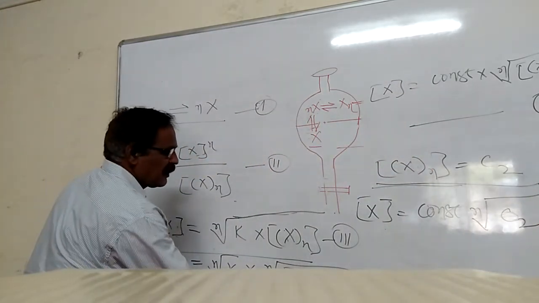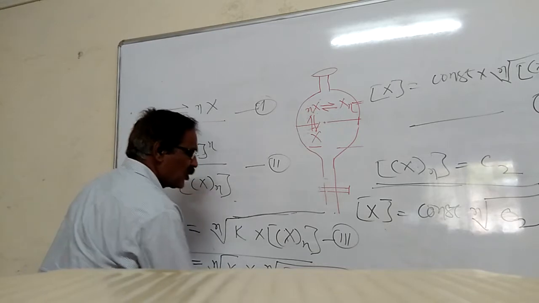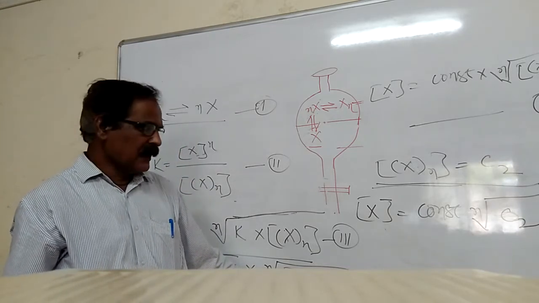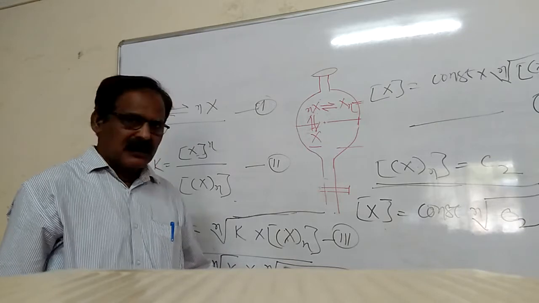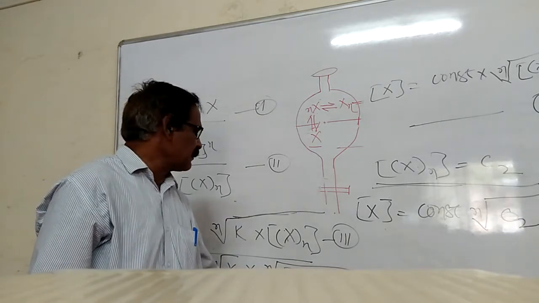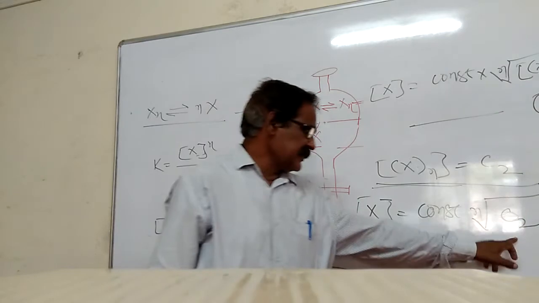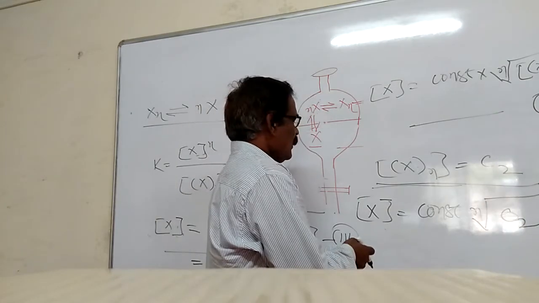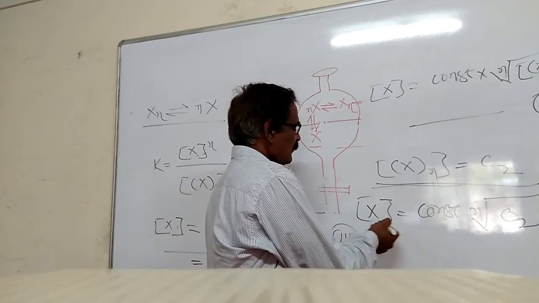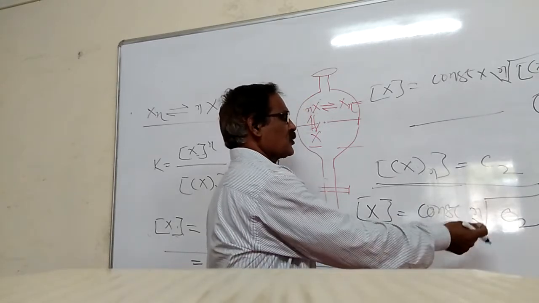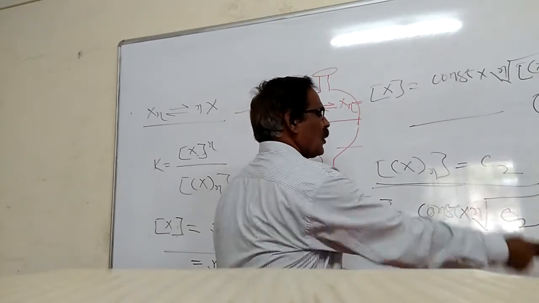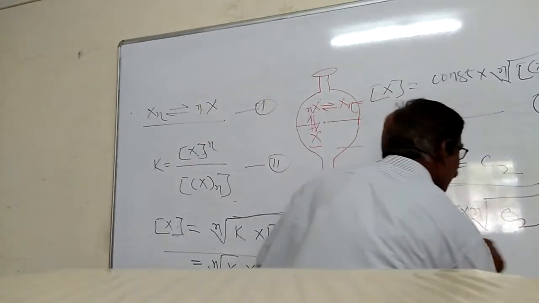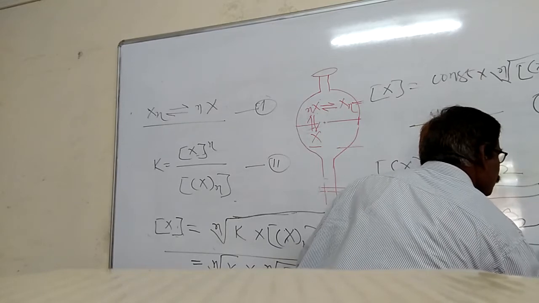So instead of the concentration of molecular species Xn, we have substituted C2 in this expression. So we get the concentration of X is equal to a constant into the n-th root of C2. Let us suppose this is equation number 5.